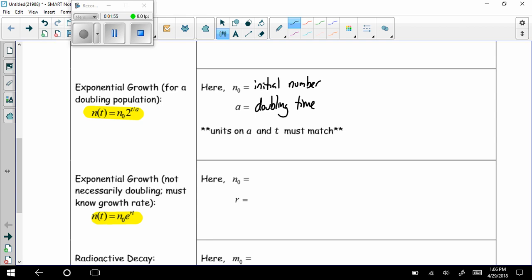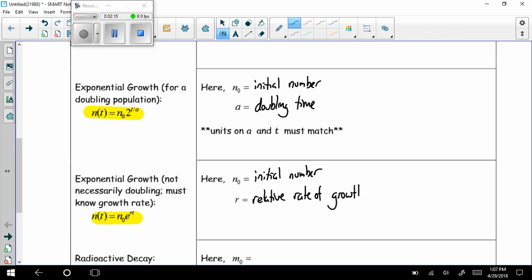And n sub 0 is the same thing, so this is the initial number. And r is going to be the specific rate of growth, and I'm going to call it the relative rate of growth because it's going to change depending on what population we're looking at.